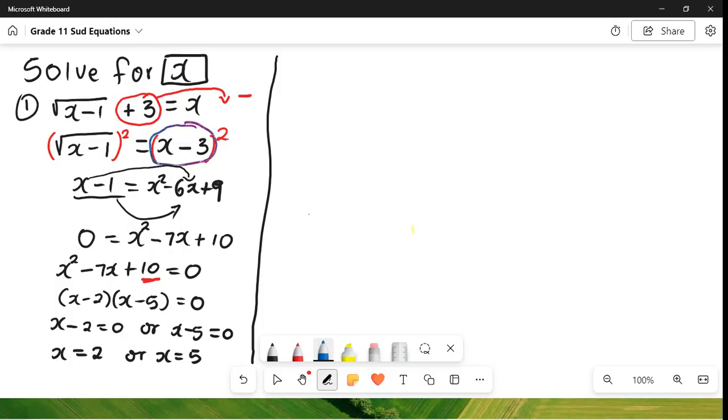So we will remember that our original equation is the square root of x minus 1 plus 3 equals x. Let us substitute the first x value, which is positive 2. Wherever we find x, we substitute by 2. So we'll have the square root of 2 minus 1 plus 3 equals 2.